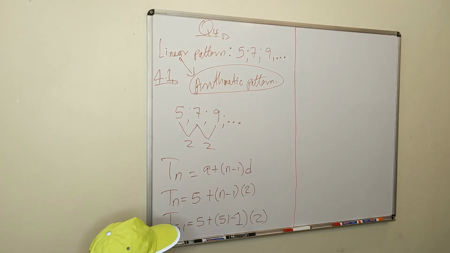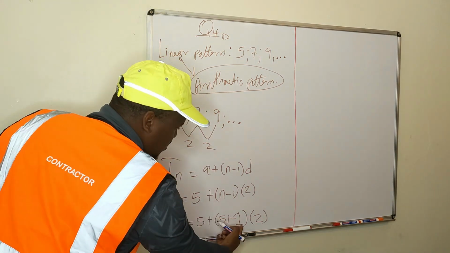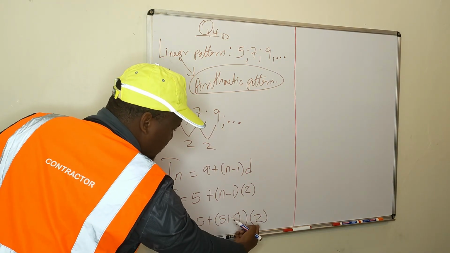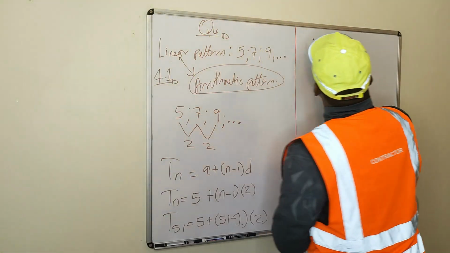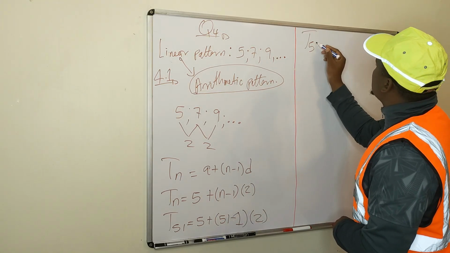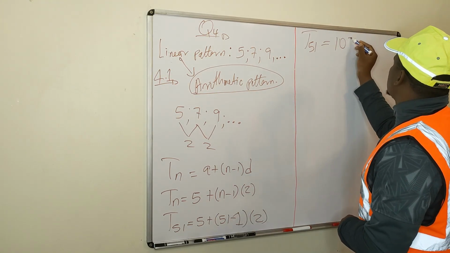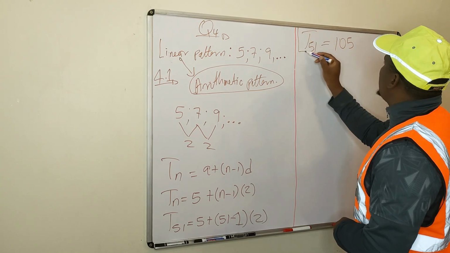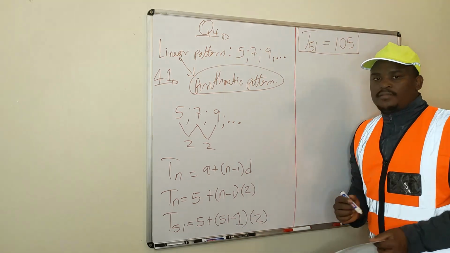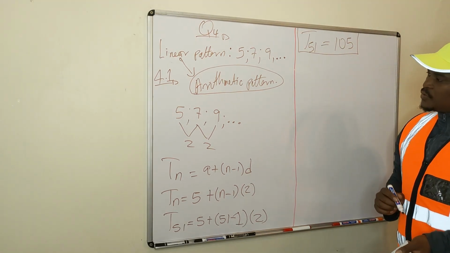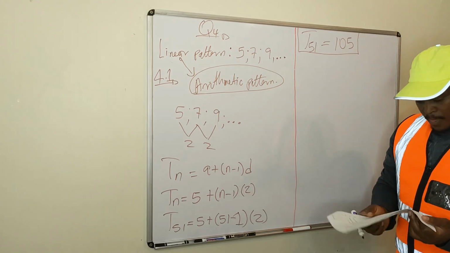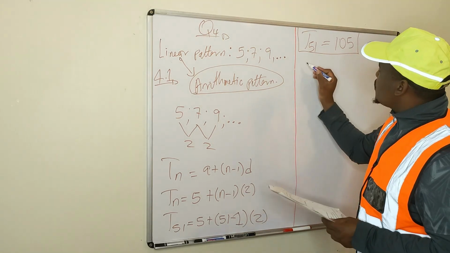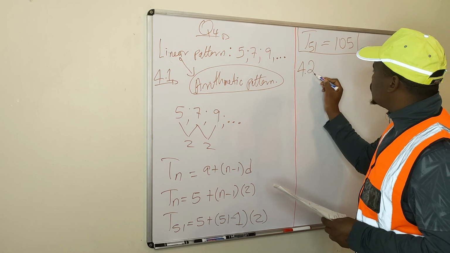So you just punch this on your calculator. Further, this minus this is what? It's 50 times 2 is 100, plus 5. So you will discover that T51 is equal to 105. Your term number 51 is equal to 105. So you're done with this question. This is 4.1. Then we move to 4.2.